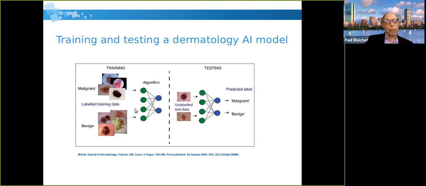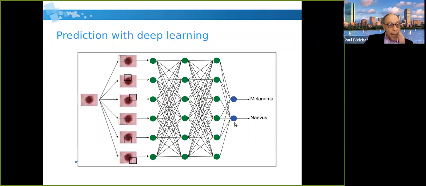And the algorithm learns how to distinguish malignant or benign. And then when you take a separate set of data, test data, and you give it this unlabeled test data, it's able to relatively accurately distinguish malignant and benign, sometimes as good as or better than a lot of specialists in a particular field. And it does this in a really interesting way.